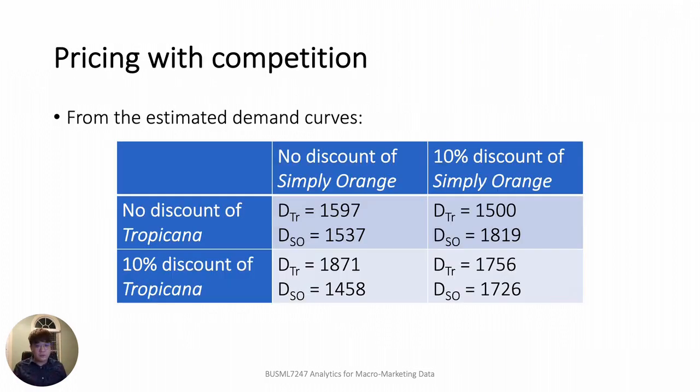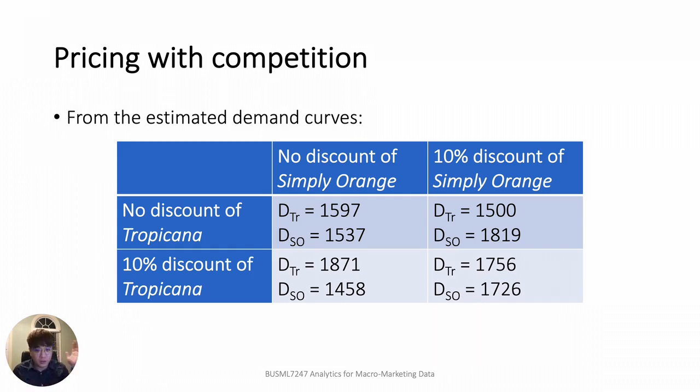We can do counterfactual analysis even with the competition. From the estimated demand curves with cross-price elasticity terms, for example, we can draw a table of multiple price discount scenarios. Here, the two rows respectively stand for no price discount case and 10% price discount case for Tropicana.